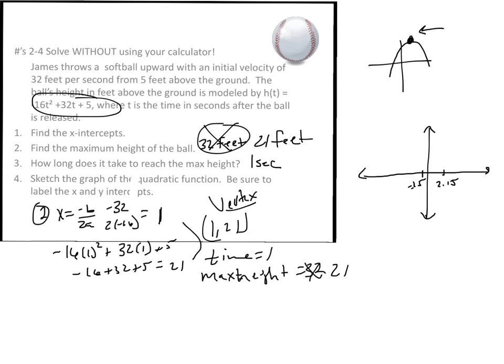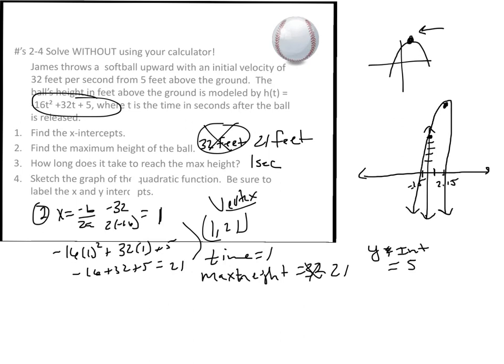Now the y-intercept is going to be our constant in standard form, so the y-intercept is equal to 5. I plot that point. I know the vertex happens at (1, 21), so I'm just going to generically plot a point up here.